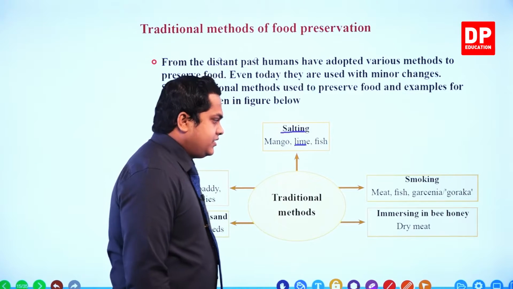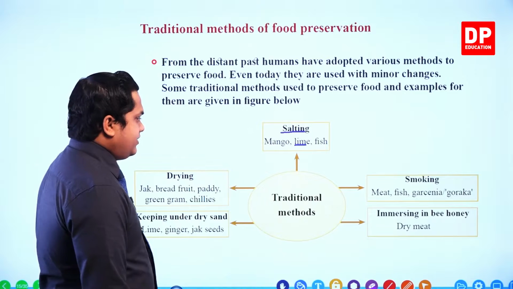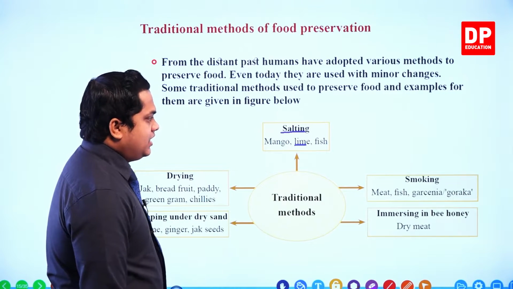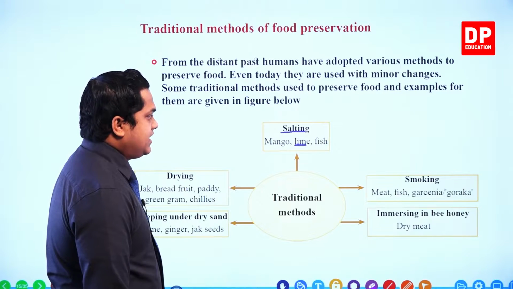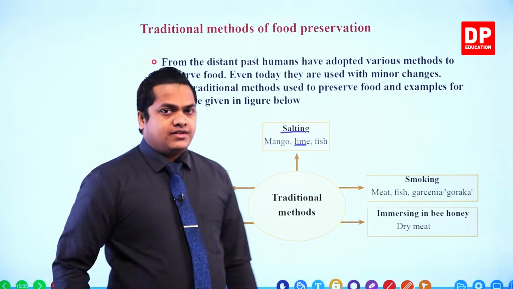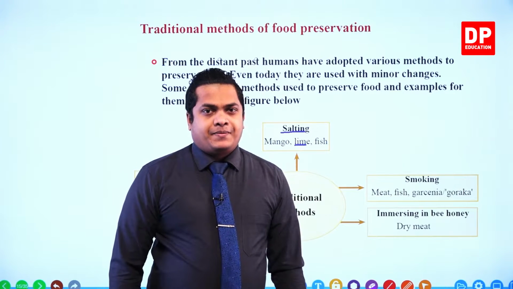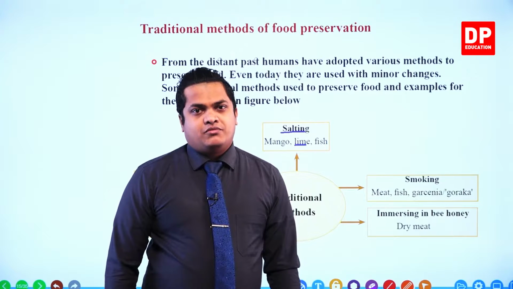Then, my dear children, drying. You know that drying is the same as in each of these instances. In salting and in smoking also, we did the same thing as drying. Drying means absorbing water vapor or moisture. Why do we need to absorb water or moisture?